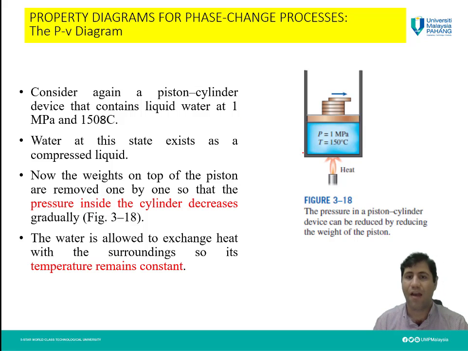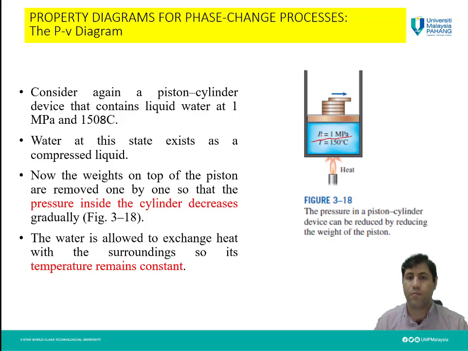How can we have this PV diagram? Again, consider a piston cylinder like what we had. Again, it contains liquid water, and the temperature is 150 degrees Celsius. So why is it liquid water? Because the pressure is 1 megapascal, not 100 kilopascal.